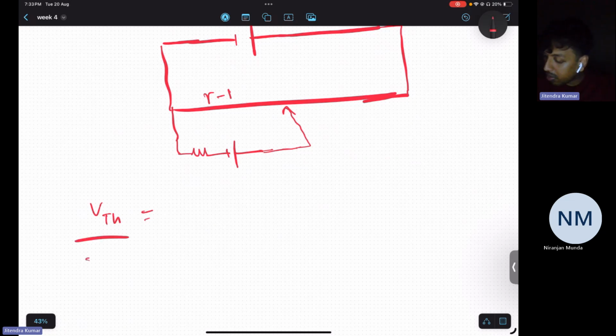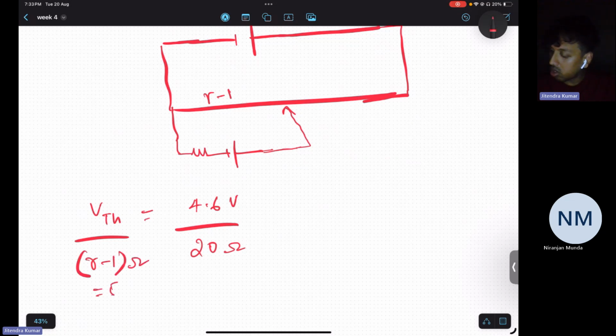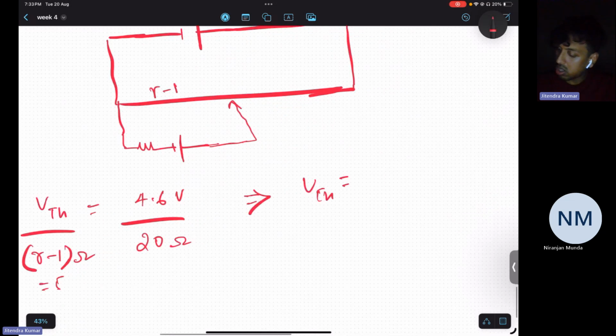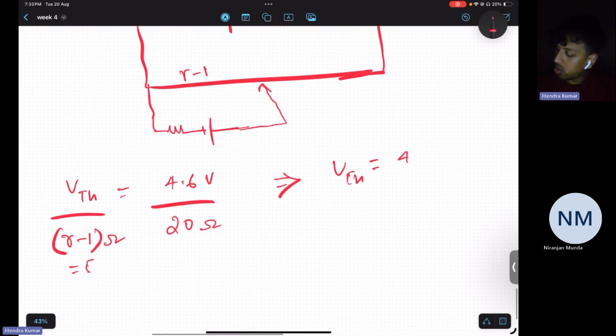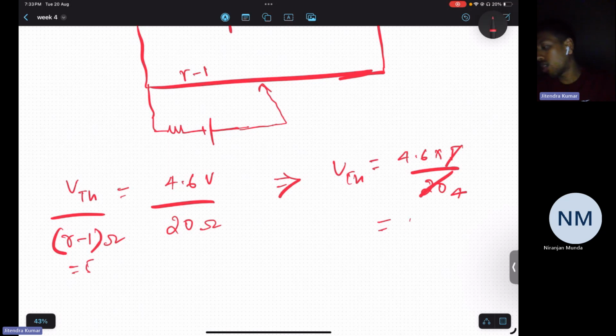VTH over R minus 1 equals E source, which is 4.6, divided by 20. So 4.6 volt corresponds to the 20 ohm wire, isn't it? And VTH is the voltage corresponding to R minus 1, which is equal to 5. So VTH is 4.6 into 5 by 20, which is 1.15 volt. It is pretty straightforward.